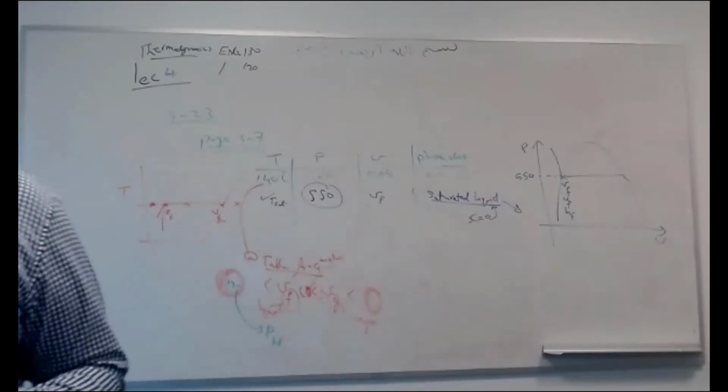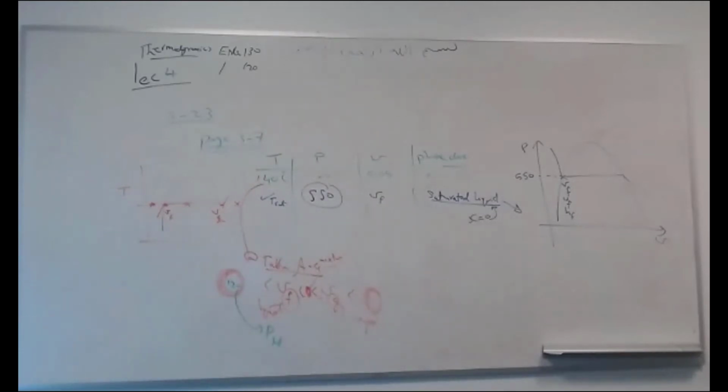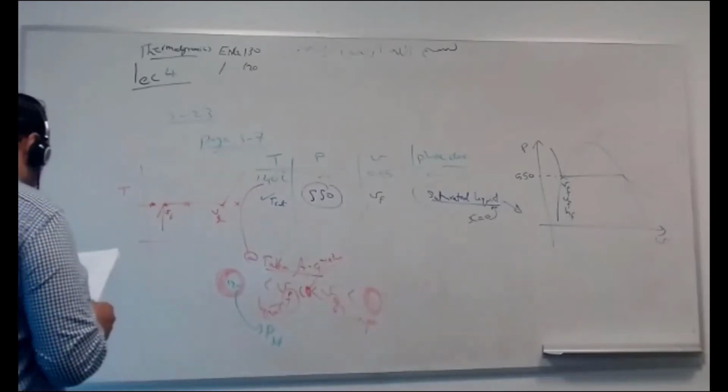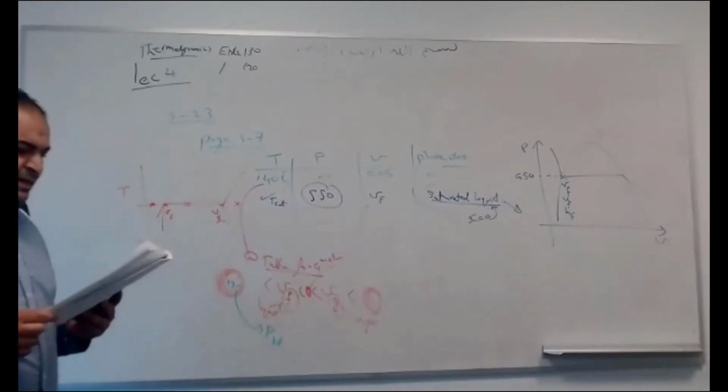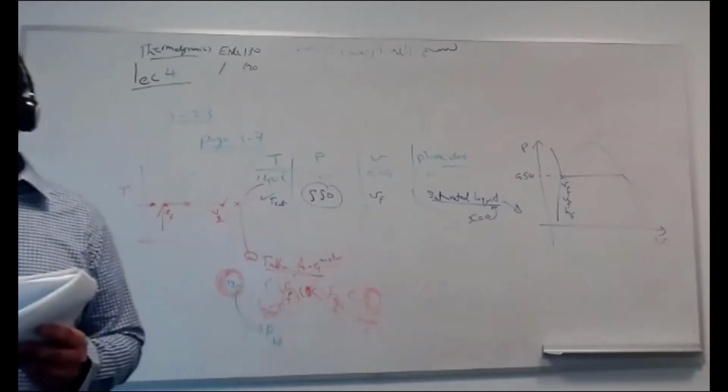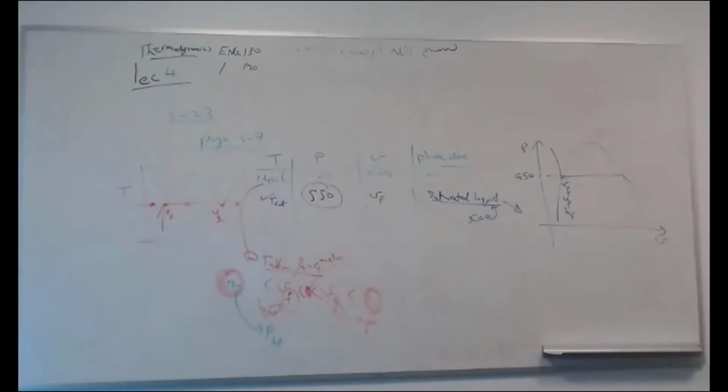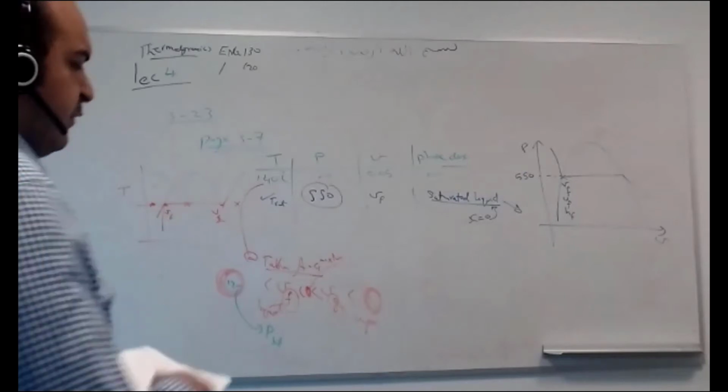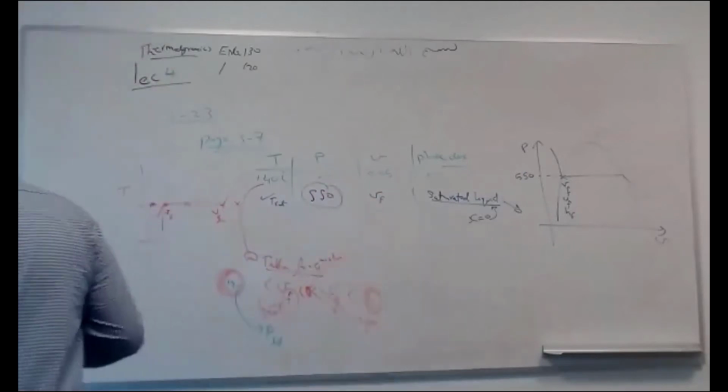If you go to the tables, you'll see tables A11, A12, A13 for this fluid R134A, refrigerant 134A. It is a fluid used in refrigerators and freezers. R134A, very famous fluid. The same for air, for example.